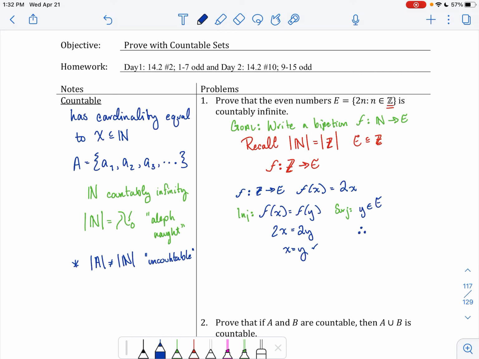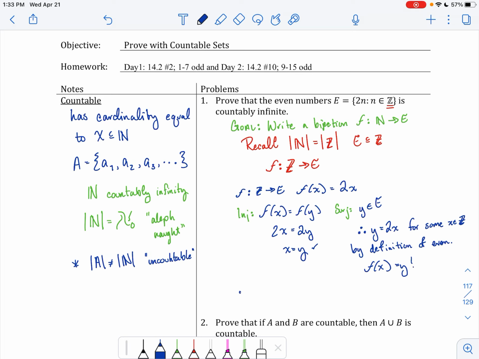Therefore, by definition of even numbers, y is equal to 2x for some x in the integers. Therefore, we'll just use that x. So we'll say f of x is equal to y. So it is also surjective.